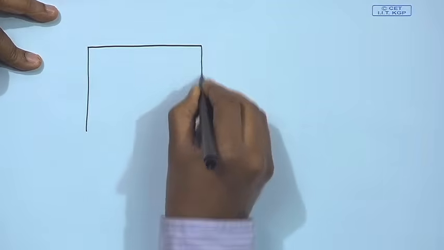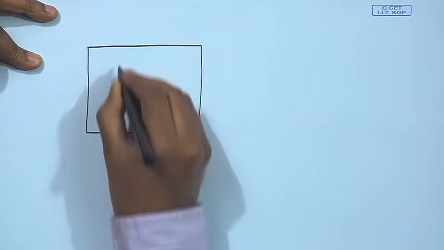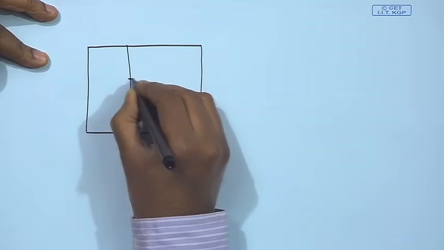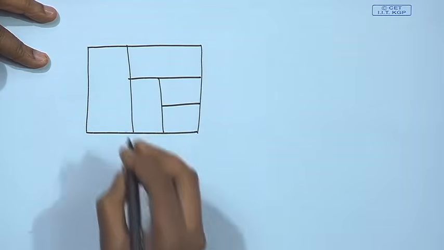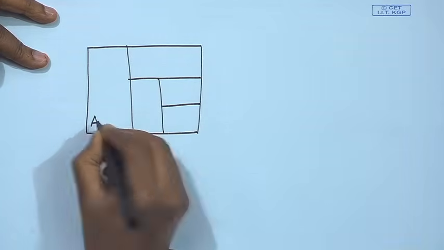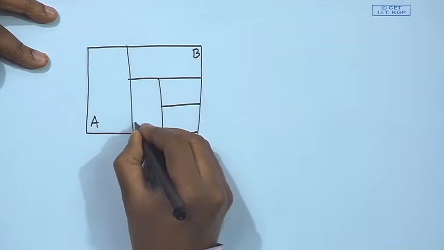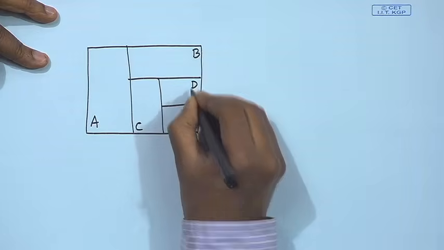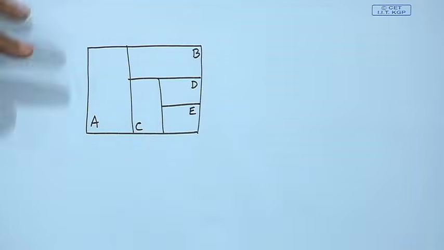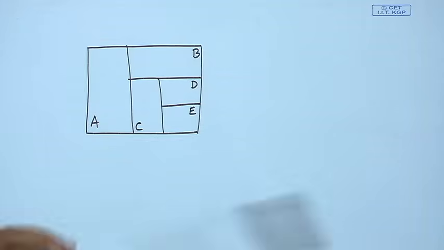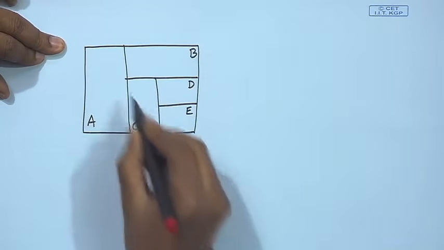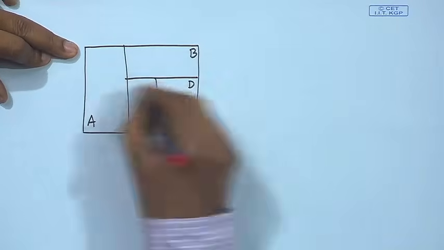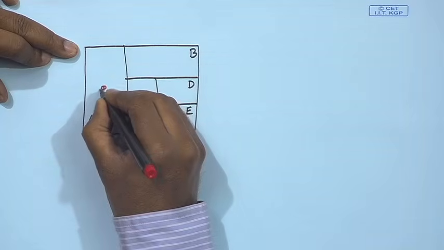Let us start from the other way around. Let us start with a floor plan. Suppose I have a floor plan like this, and these are the different blocks A, B, C, D and E. So, when we talk about rectangular duality, the idea is that every rectangular region in this figure will correspond to a vertex.